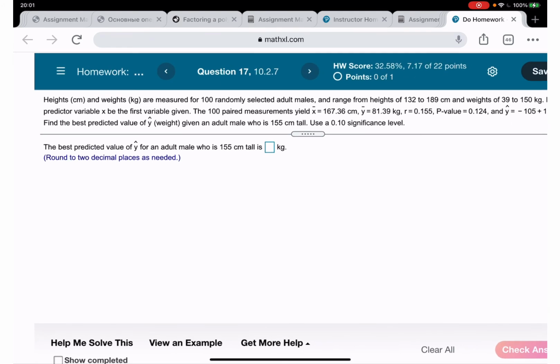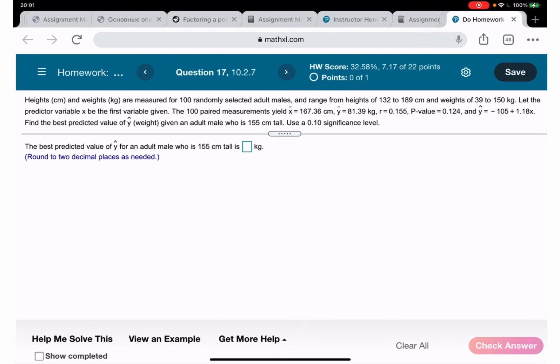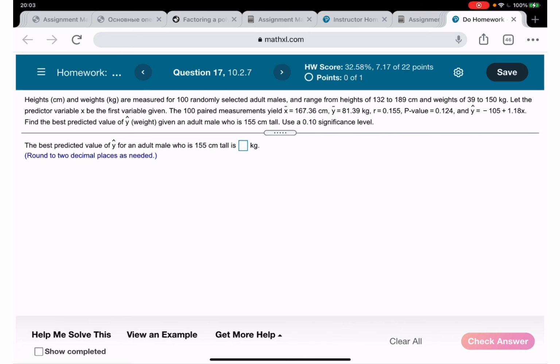This is question number 17. Do we have everything identical? Let me see. Yes, it's exactly the same, a similar problem to the previous one. We need to find the best predicted value for an adult male who is 155 centimeters tall, and our Y bar is equal to negative 105 plus 1.18x.